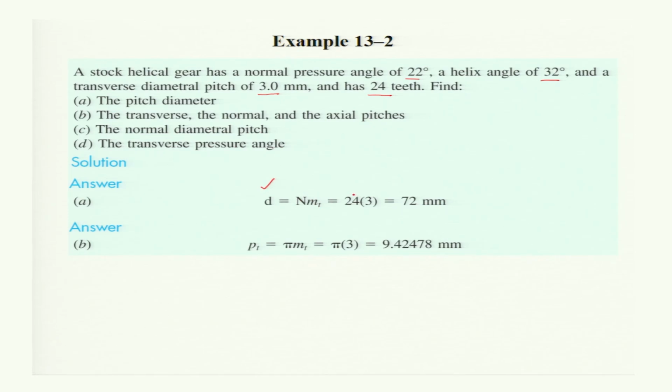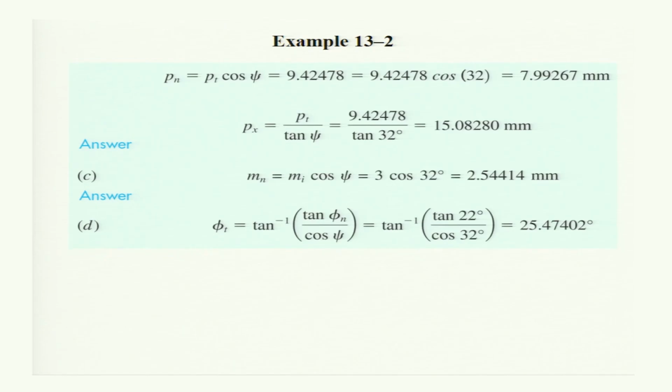Number of teeth is 24, multiplied by the transverse module, which is 3, and so the pitch diameter is given by this one, and the transverse pitch is pi multiplied by mt, which is this one. Similarly, Pn is determined, then Px is determined, Mn is determined, and phi t is determined.